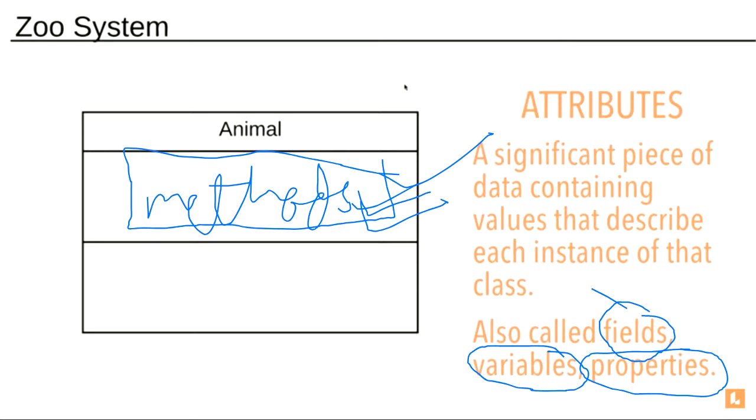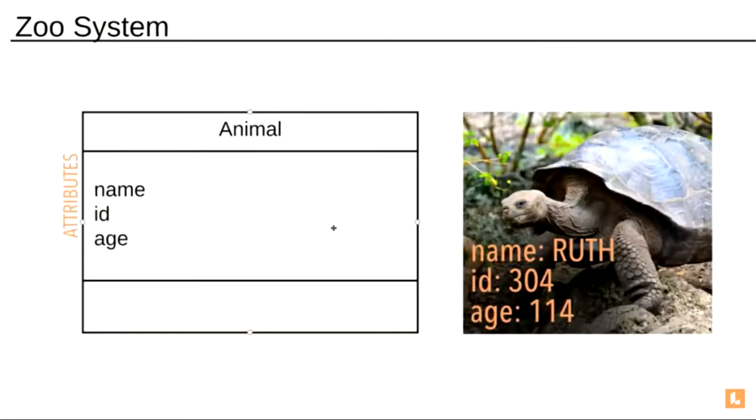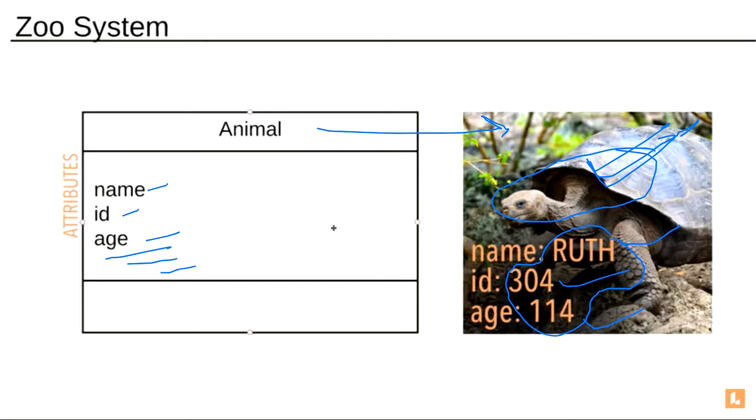For example, for this animal class, name, ID, age can be some of the properties. If this is a tortoise, his name can be Ruth, this can be his ID, this can be his age. So these are the properties on the basis of which you are identifying this object from this animal class. It can be more than that also, it can be less than that also, it depends on the question.